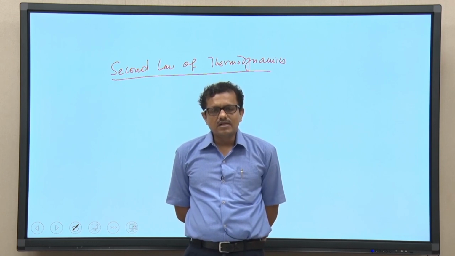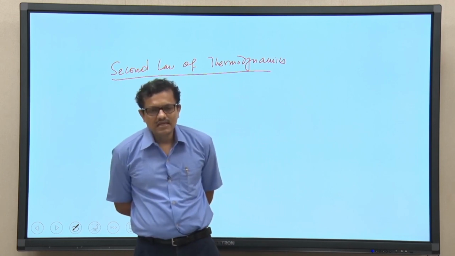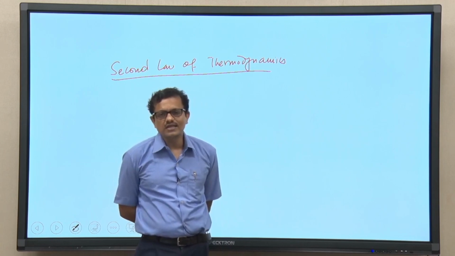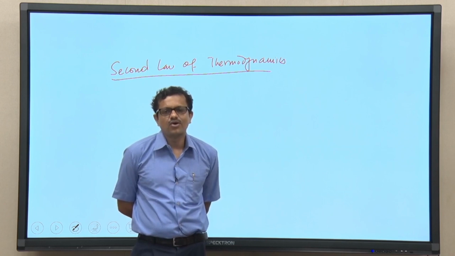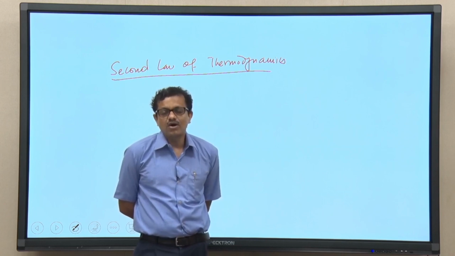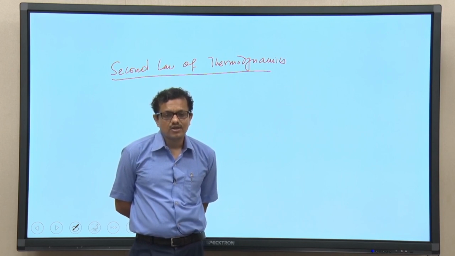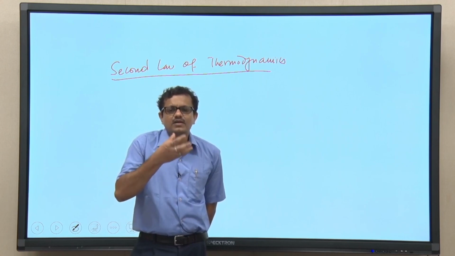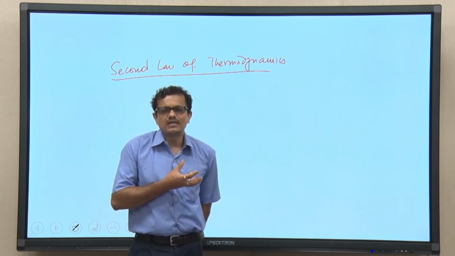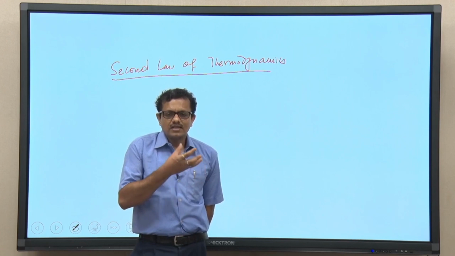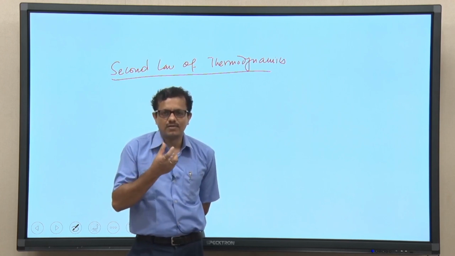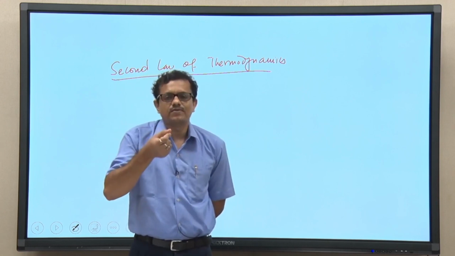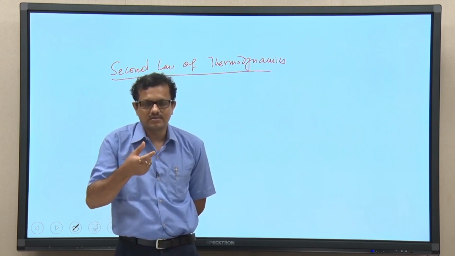So some degree of irreversibility is associated with the processes, whether it is a work producing device, a work absorbing device or a heat interacting device. So basically the process is deviating from the reversible process, and we need to know the extent of that deviation.